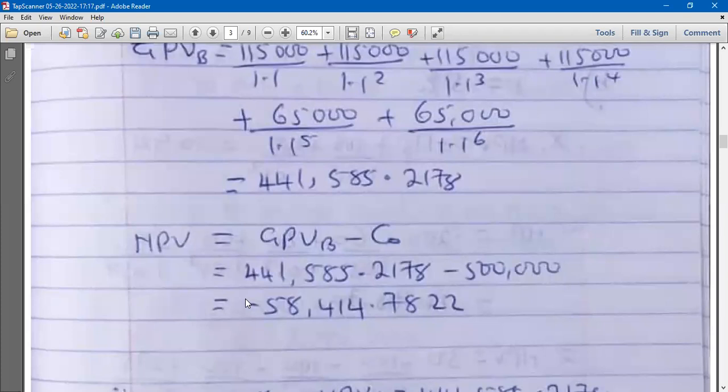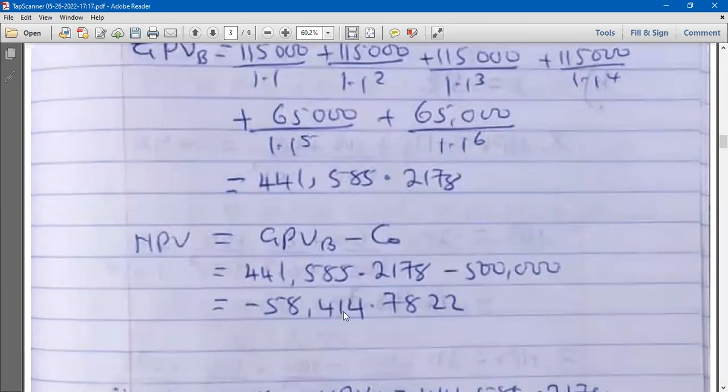But this question, they didn't ask for that. They just wanted the NPV. But in case you remember the decision rule for a single project using NPV, you find the NPV. If it's greater than 0, you accept the project. If it's less than 0, you reject it. So in this case, we would have rejected it, but that is not what you are looking for. So you just state your NPV.